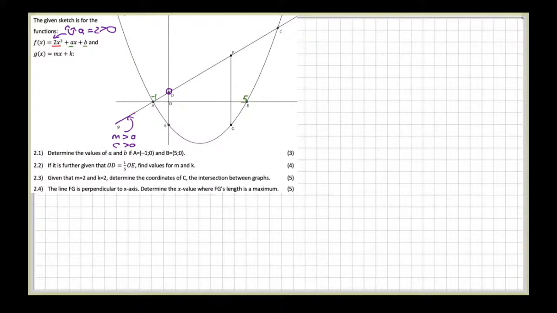Now remember, when you've got the equation of a parabola, ladies and gentlemen, I have two options.